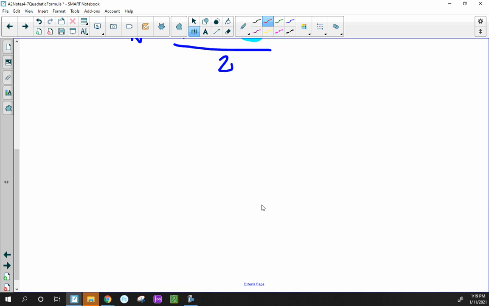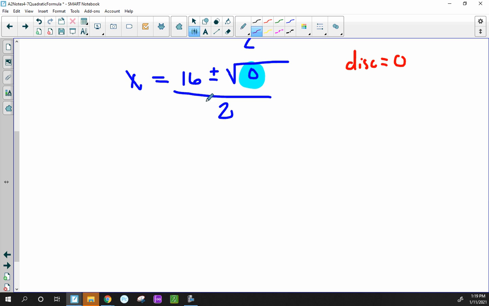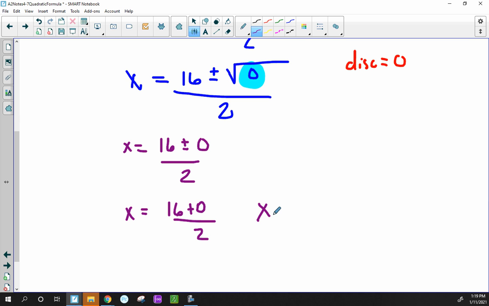Let's see how this is going to work, because I see plus minus here. Alright, next step, and hopefully you already know where this is going. The square root of 0, what number times itself is 0? Well, that's just 0. Technically, this means that one of the answers is 16 plus 0 divided by 2. And the other one is x is equal to 16 minus 0 divided by 2.